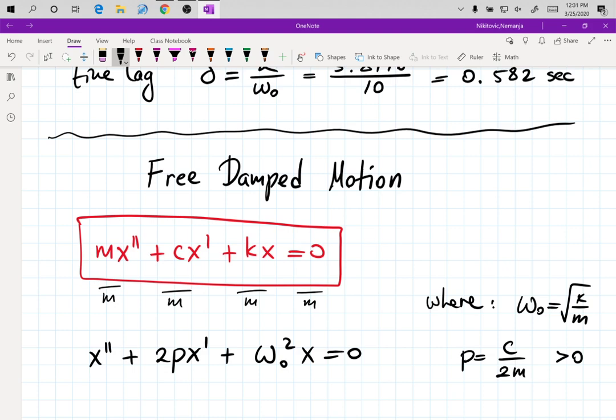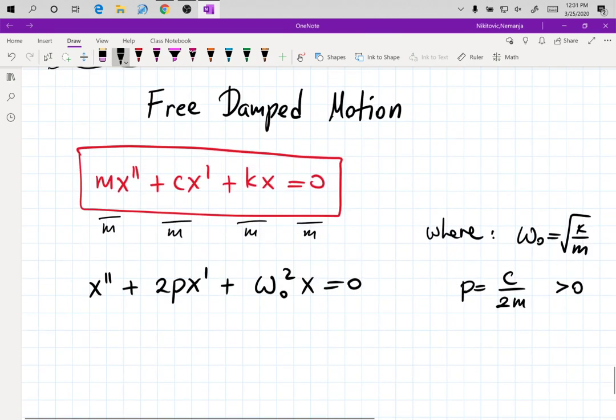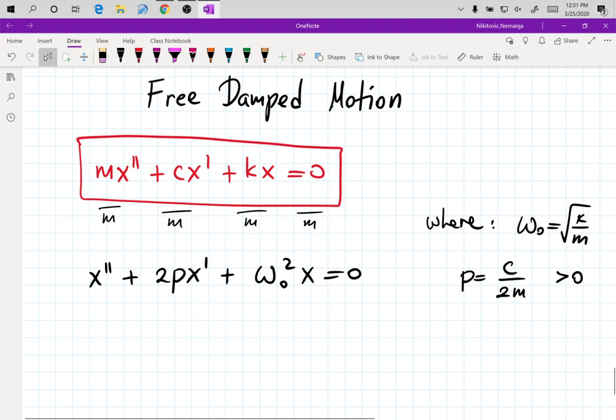So this is for c larger than 0. And because c is larger than 0 and mass is always positive, because mass is quantification of physical existence, it always has to be a positive number of some kind. So positive divided by positive is positive. So p is always a positive value as well.